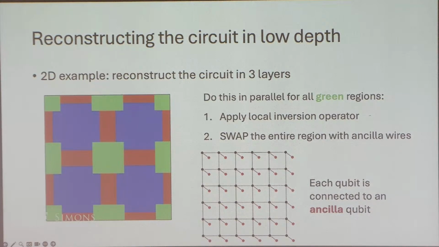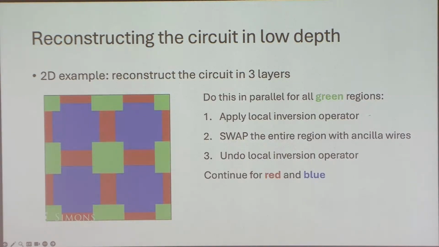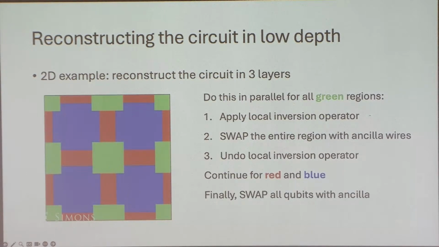So actually, if we reconstruct the system in this way, all of the swap operations are local. And of course, the final thing is undo. And then we just do the same for red and blue. And you can see that this is indeed in low depths. And of course, there's a final global swap, which is also low depths. Okay, so that's it.